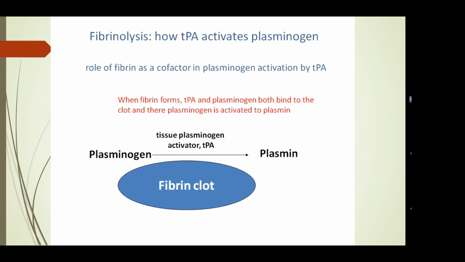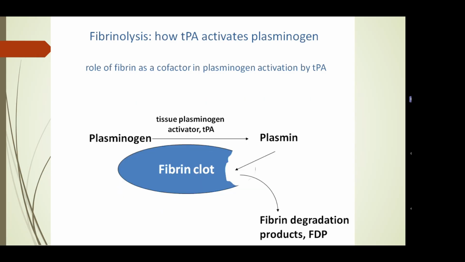But as fibrin clots continue to form, the tissue plasminogen activator attaches to the fibrin clot to convert plasminogen to plasmin. So the plasmin that is now generated will lead to breakdown of the fibrin clots. Fibrin degradation products are being formed.